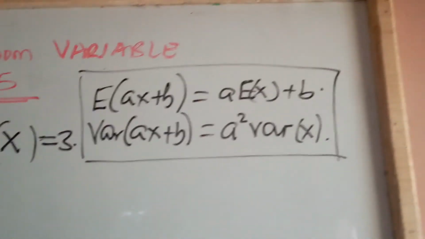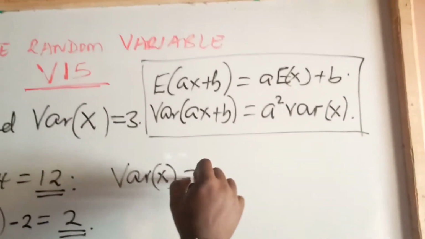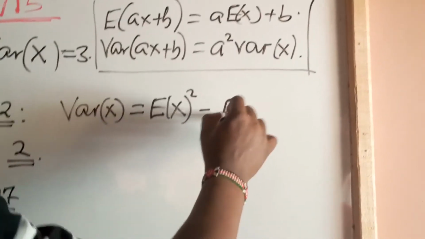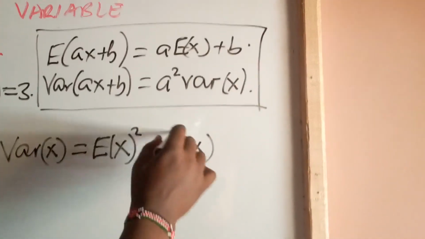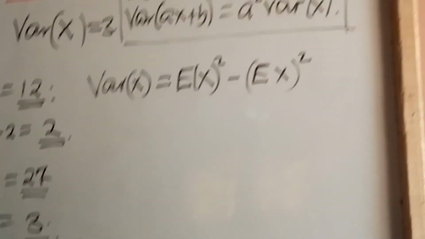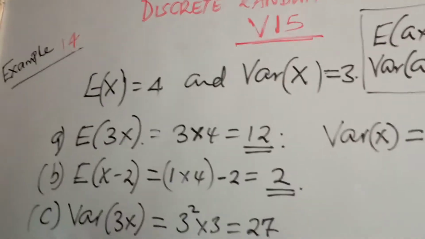Of course, we know that the variance of X is given by E(X squared) minus (E(X)) squared. And I think we have the E(X) here, and I also think that we have the variance of X there.